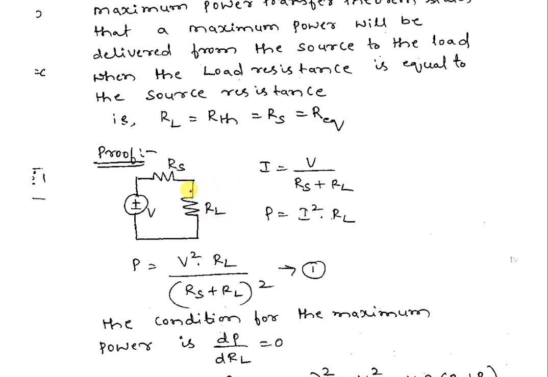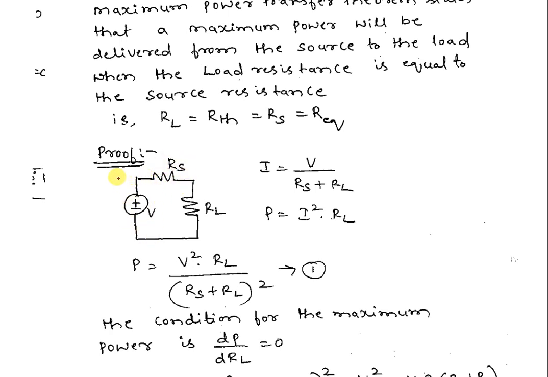First I am going to write an expression for the current I in the circuit. For any problem related to Norton's theorem or Thevenin's theorem, we know that any complex network can be converted into a simple voltage source in series with a resistance, that is Thevenin's theorem.